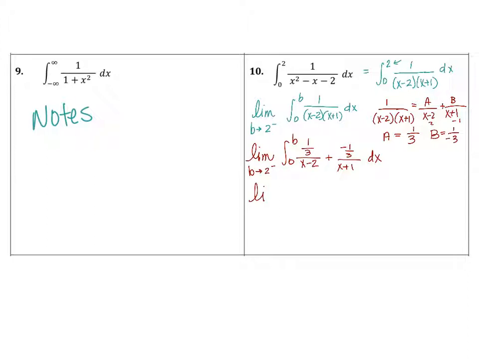So we have our limit as b approaches 2 from the left of, and I'm going to have 1/3 natural log absolute value of x minus 2, and then minus 1/3 natural log absolute value of x plus 1, and all of that's going to be evaluated from 0 to b.